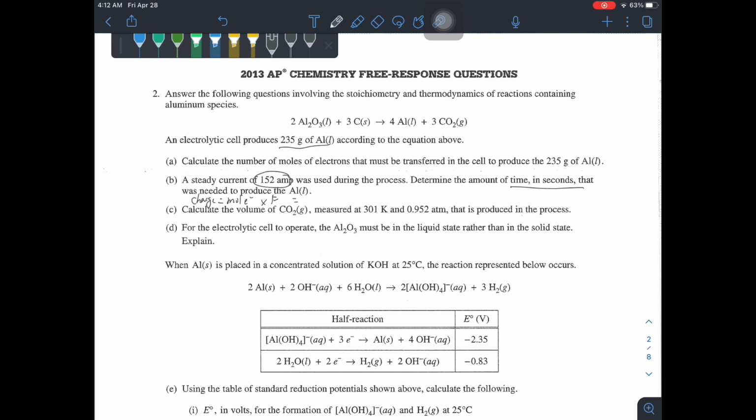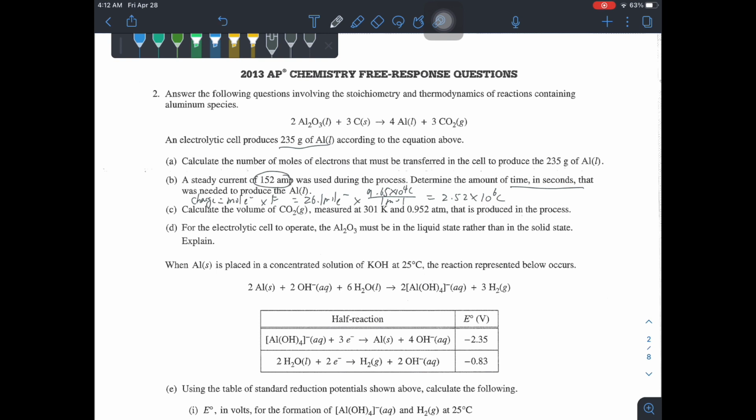So the moles we have is 26.1 moles electrons, which we get from question A, and the Faraday number is 9.65 times 10 to the 4 C over 1 mole. Eventually, we get an answer of 2.52 times 10 to the 6 C.